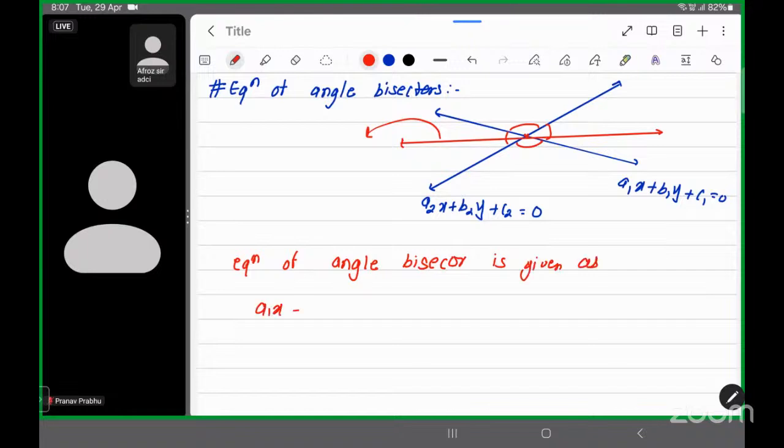a1x plus b1y plus c1 upon root of a1 square plus b1 square is equal to plus minus a2x plus b2y plus c2 upon root of a2 square plus b2 square.